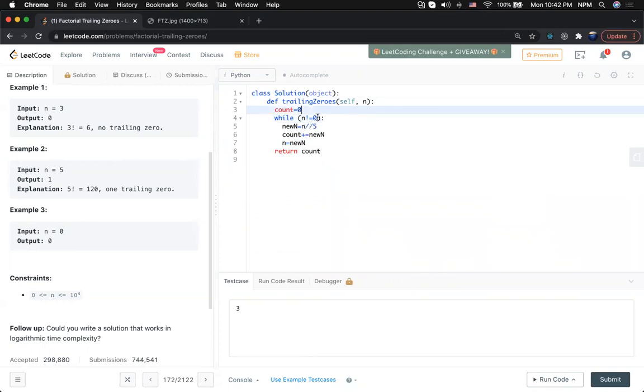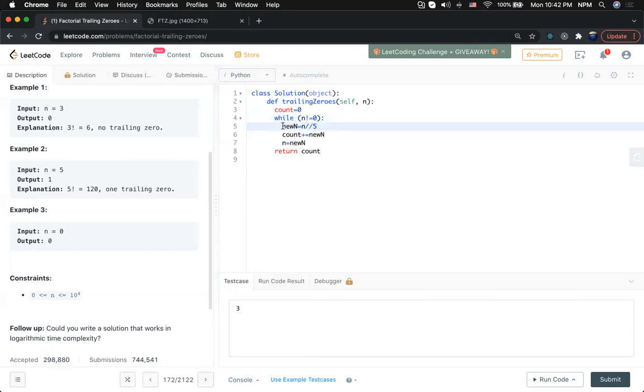Okay, so we start by initializing a counter here, and we set it to 0. Then we have a while loop, and the condition for the while loop is to check if n is equal to 0. If it's not, we're going to keep executing the code inside the while loop.